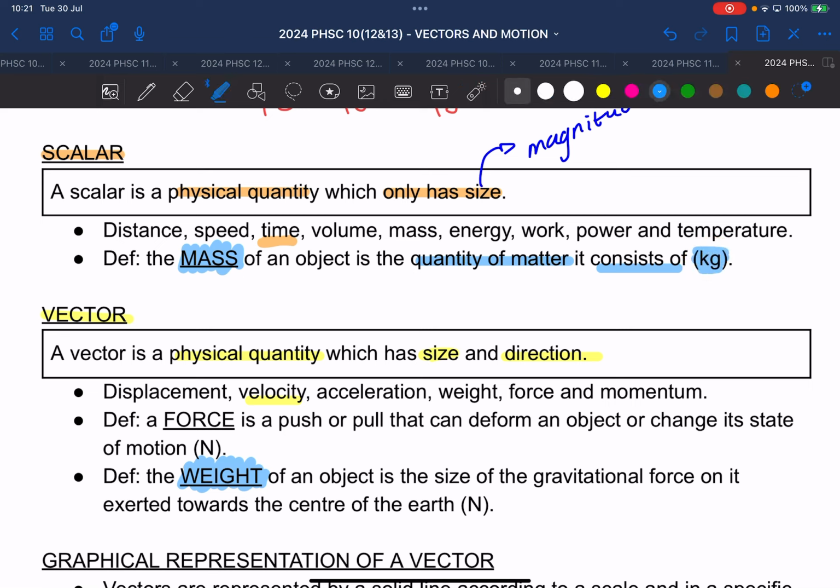Whereas weight is the size of the gravitational force or the gravitational pull on an object exerted towards the center of the earth, or towards the center of the planet or the moon.